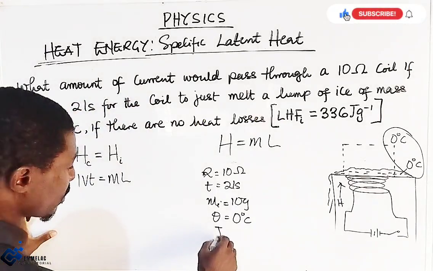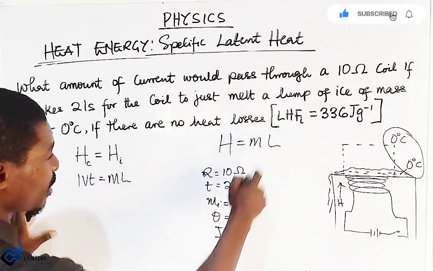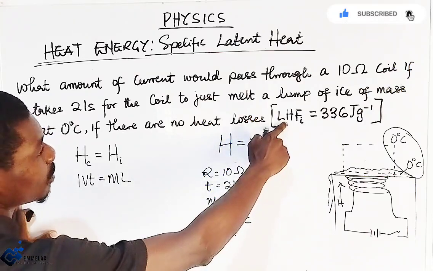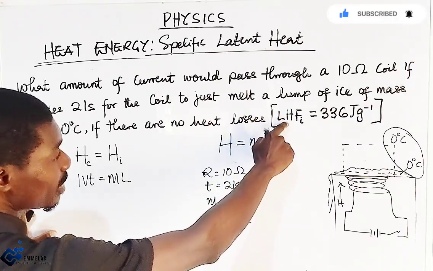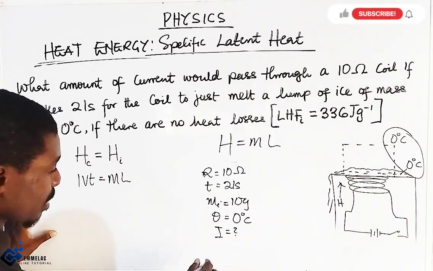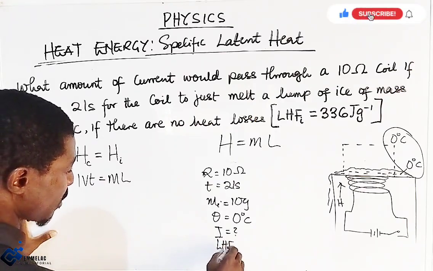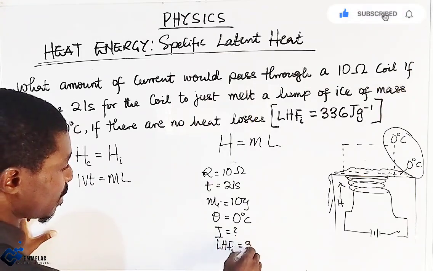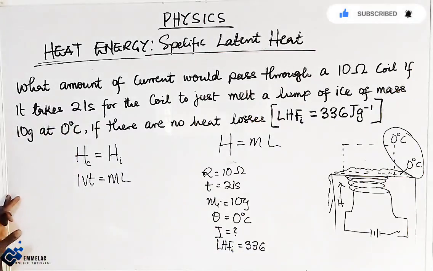We are looking for the current. The latent heat of fusion of ice is given as 336 joules per gram.